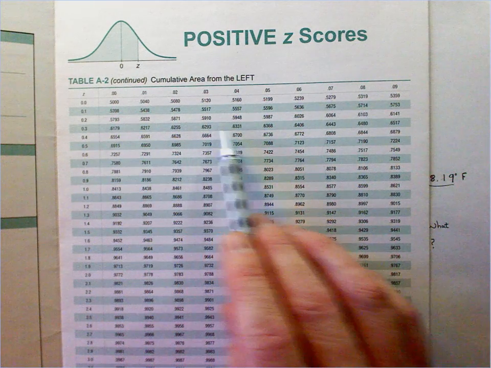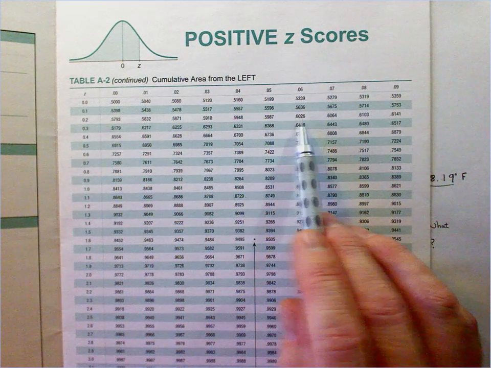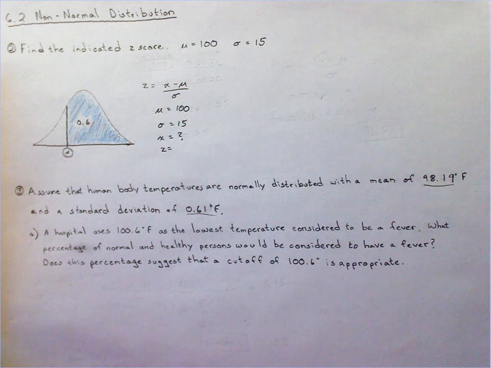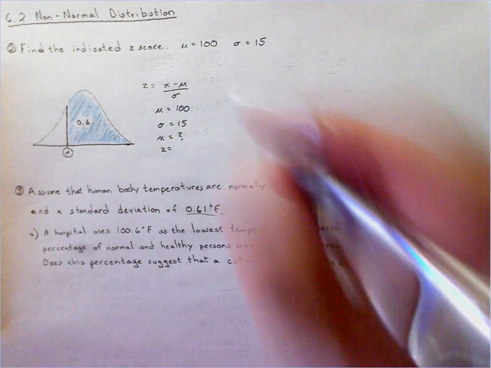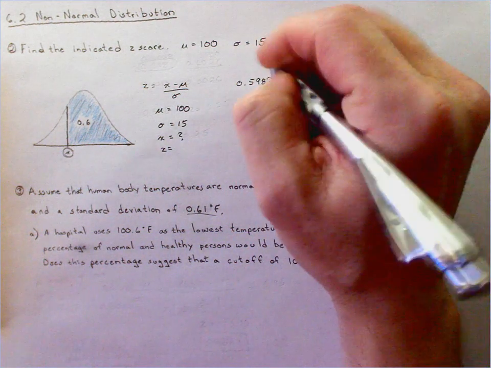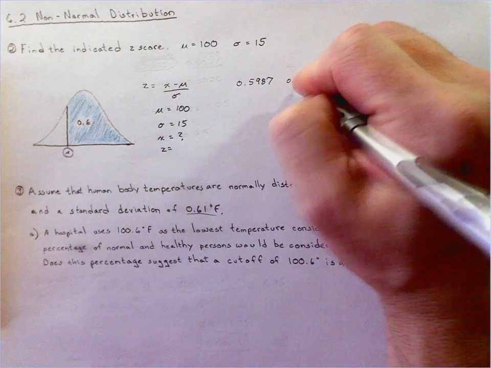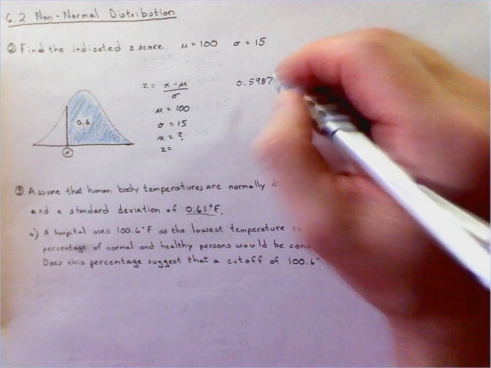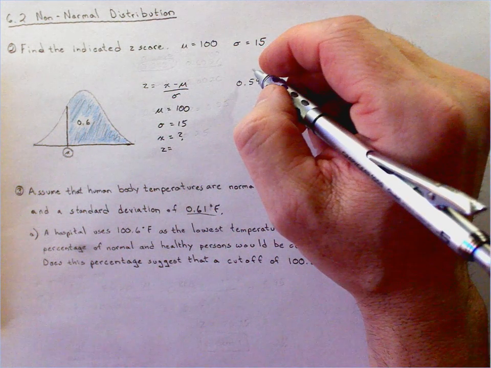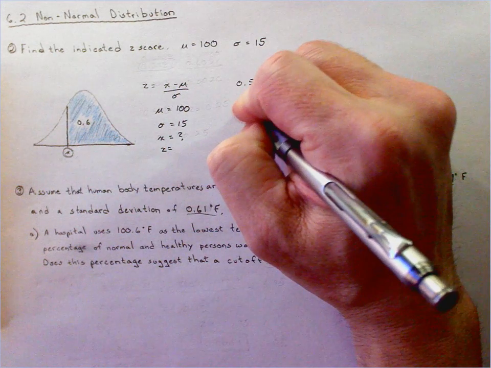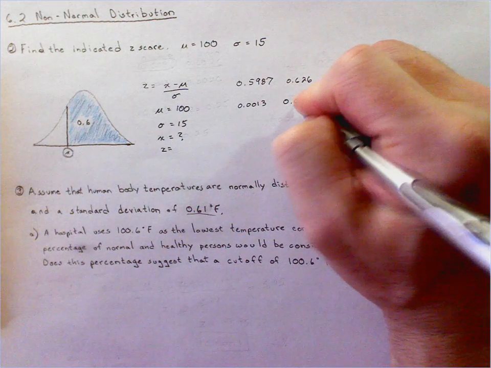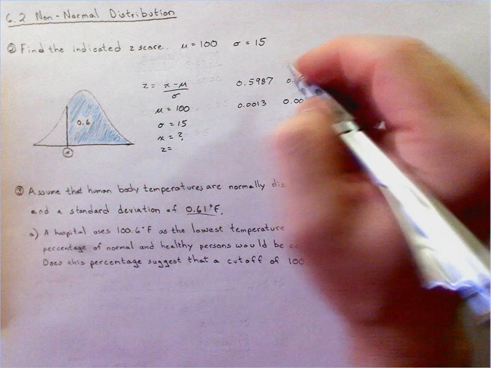I look through here to find a 0.6, and they don't have it, but I have two values: 0.5987 and 0.626. I want to find which is closer. This has a difference of 13, and this one has a difference of 26.